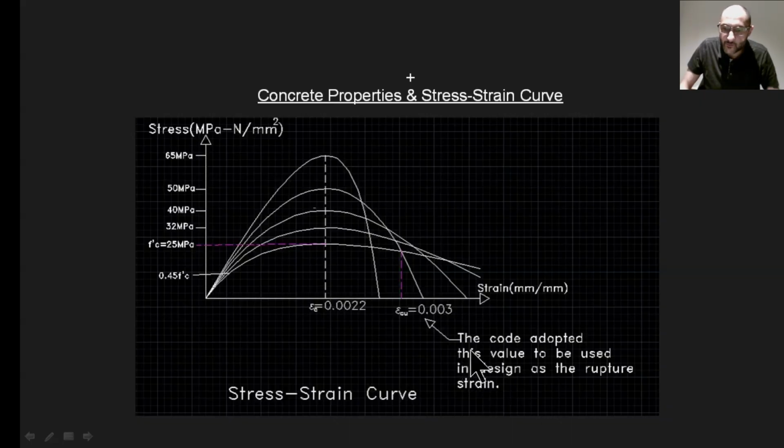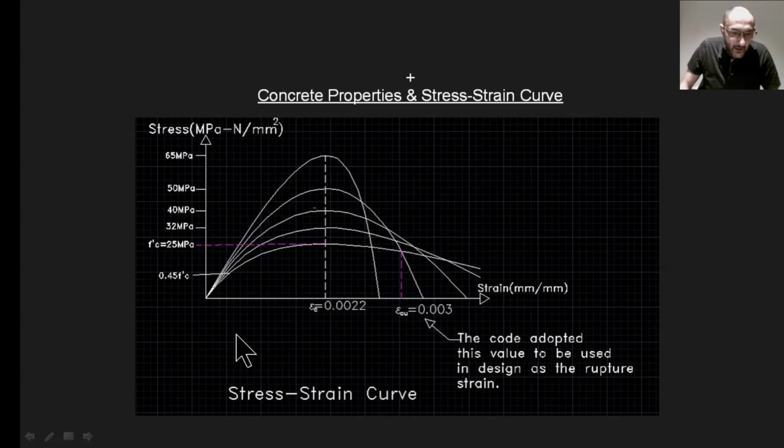This is generally called the usable maximum strain, or the rupture strain, at the point where the concrete completely collapses. Another important feature of this curve is the initial slope, which remains linear up to around 45% of the peak stress f'c. This linear portion represents the modulus of elasticity, sometimes called the secant modulus, E sub c.